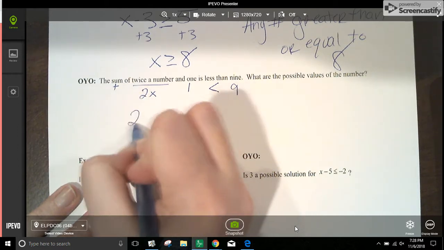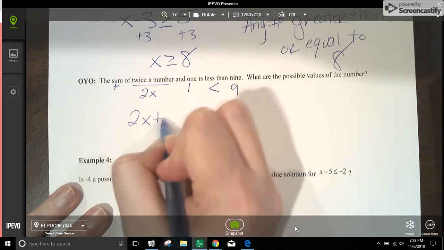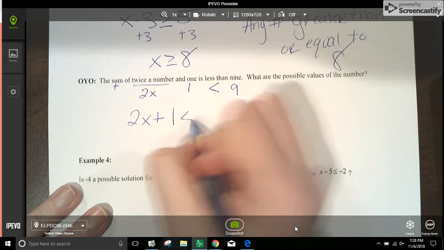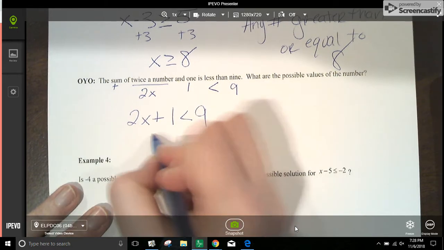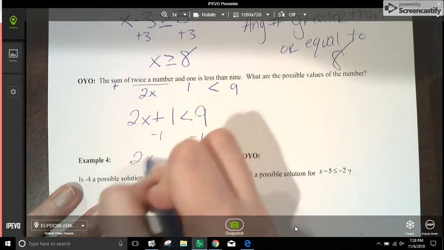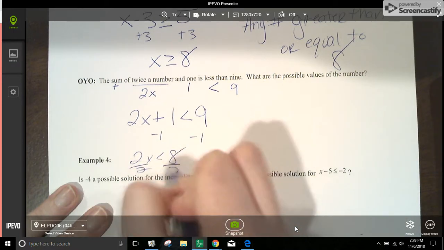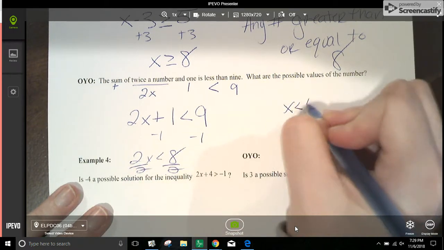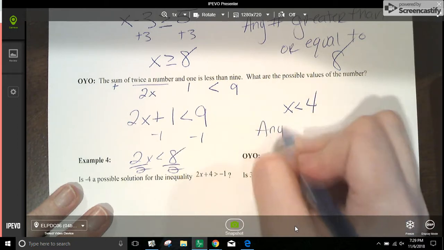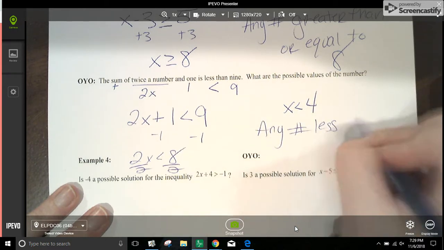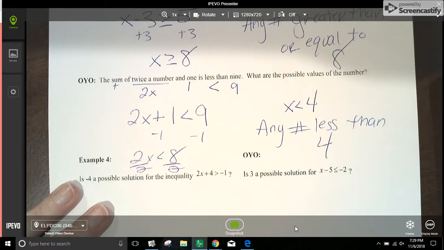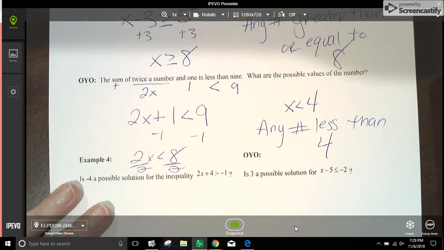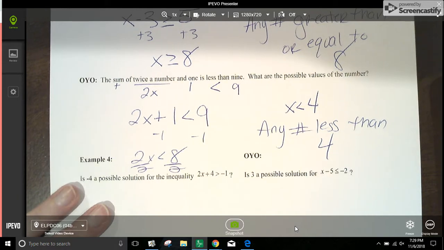So the sum of 2 times a number, sum is plus, and 1 has to be less than 9. So when you go to solve this one, you get x is less than 4. So any number less than 4 would work.